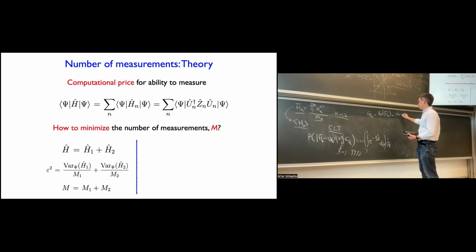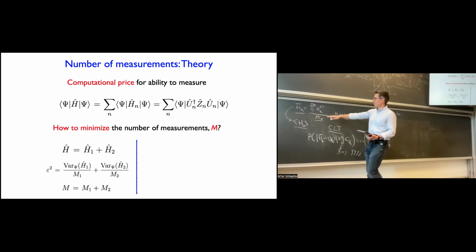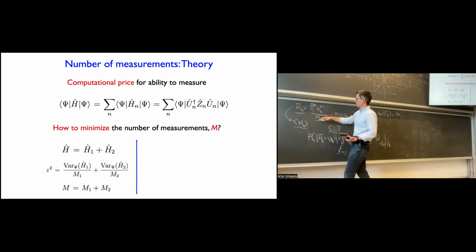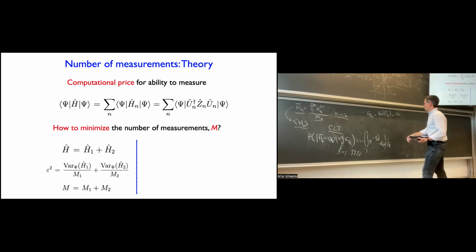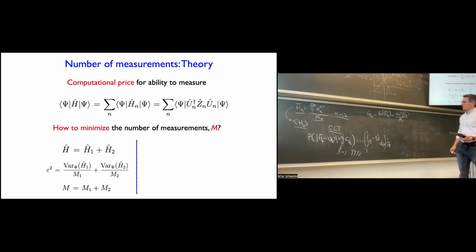So if we now know how H bar is connected to H, it's just divided by the number of times we measured, and therefore we have here the square root of the variance of the HK operator divided by the square root of the number of measurements MK, because these are all independent measurements.